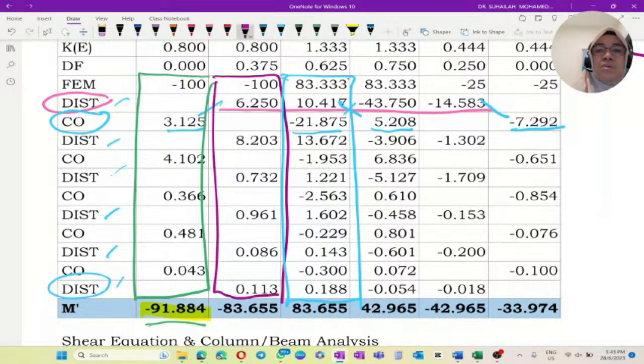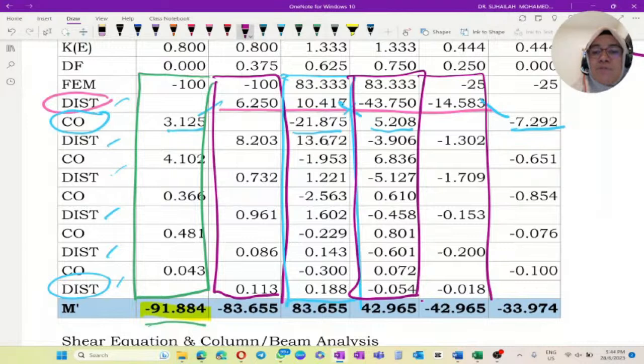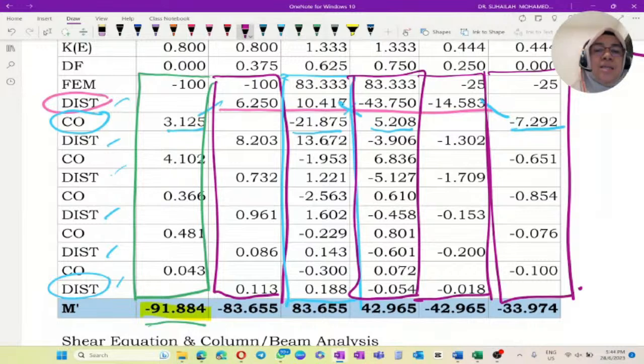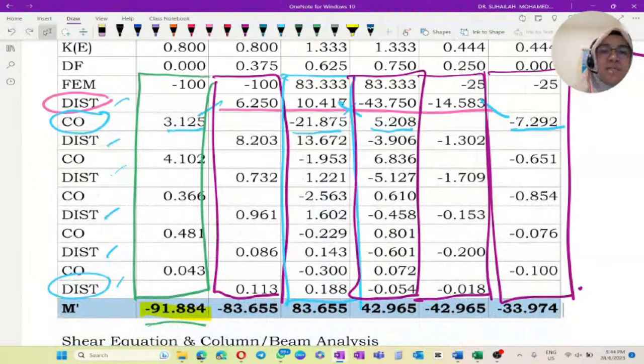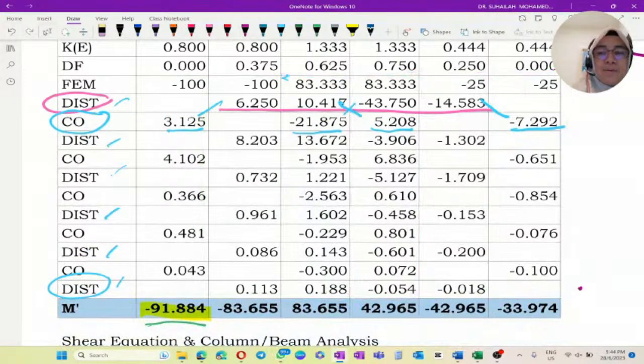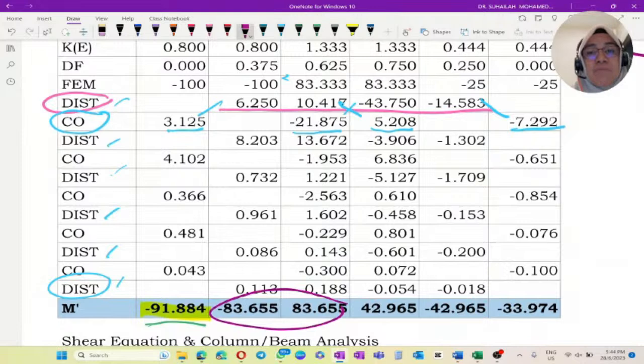So we total for members CD and CB, and then we continue to calculate the end moment for CD, and the last value is DC. Okay, inside this we can see that these two values are one negative, one positive, representing MB equal to 0, and these two values are one positive, one negative, representing MC equal to 0.